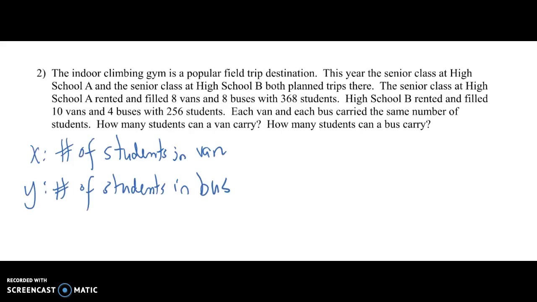All right, so again, we're going to start off by first defining what X and Y represent. We're going to let X represent the number of students that can be in a van, and Y represent the number of students that can fit in a bus. For high school A, they filled 8 vans and 8 buses and got 368 kids to go on this field trip.